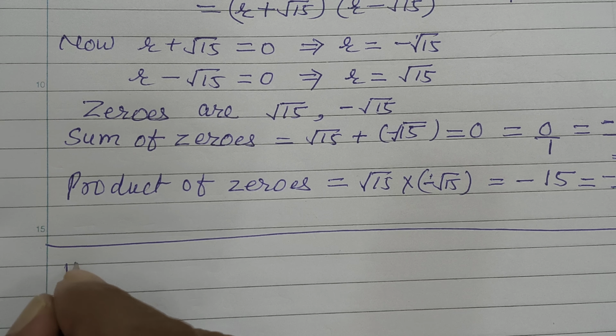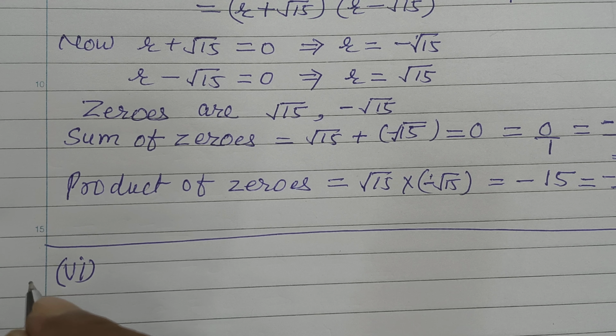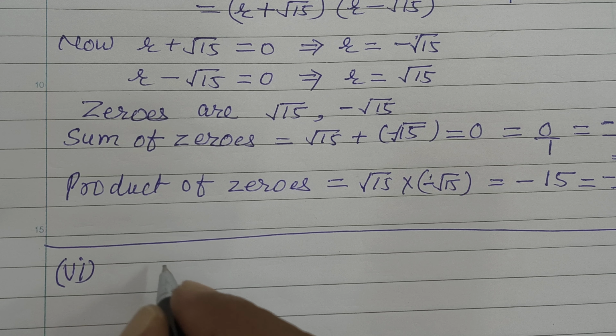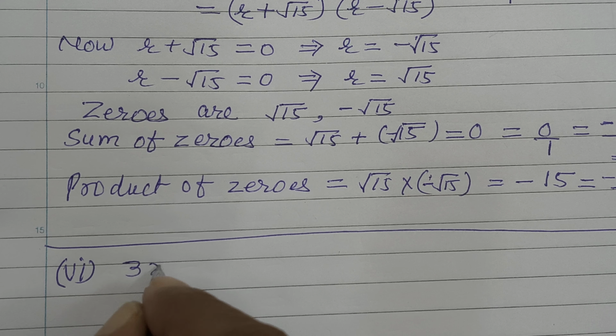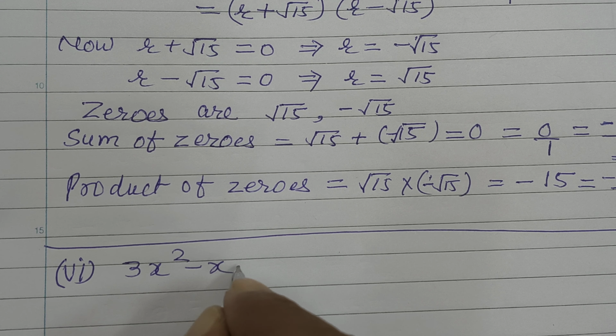Then sixth example, 3x square minus x minus 4.